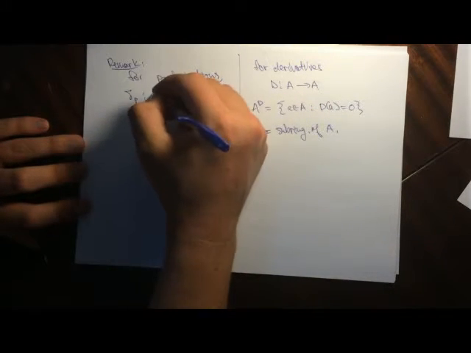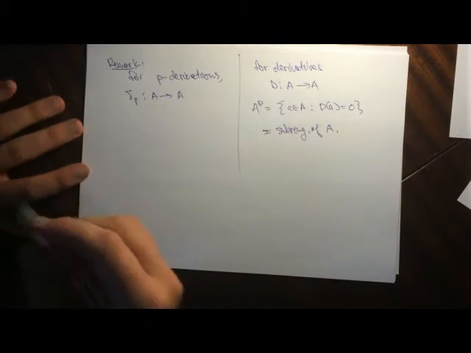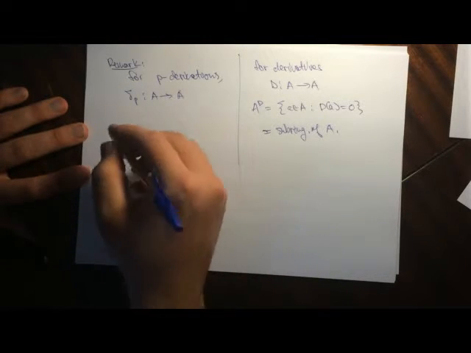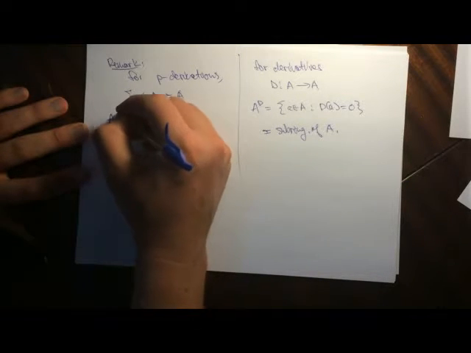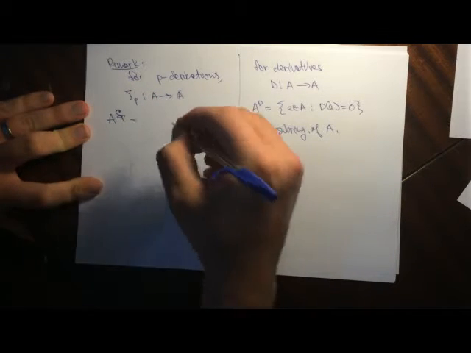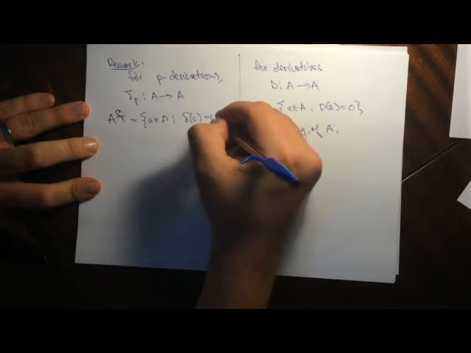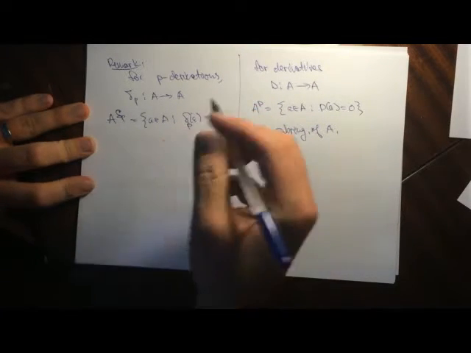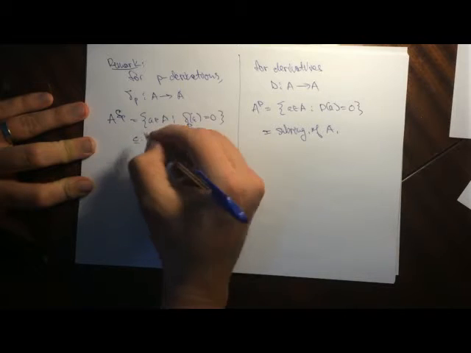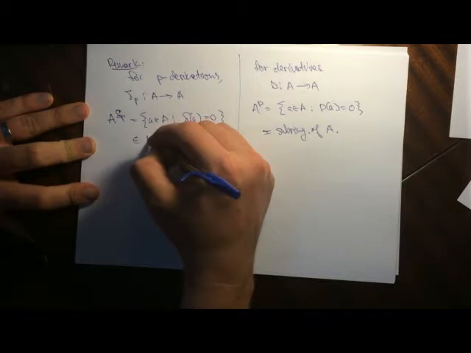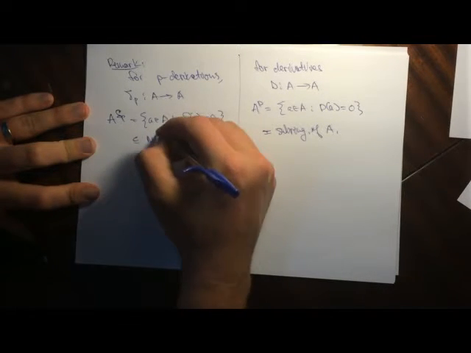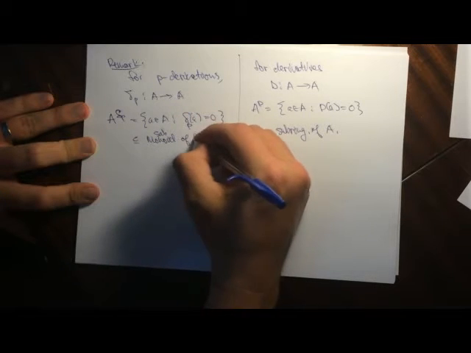For delta p from A to A, the set A^delta p is actually a monoid, so maybe a submonoid of A.